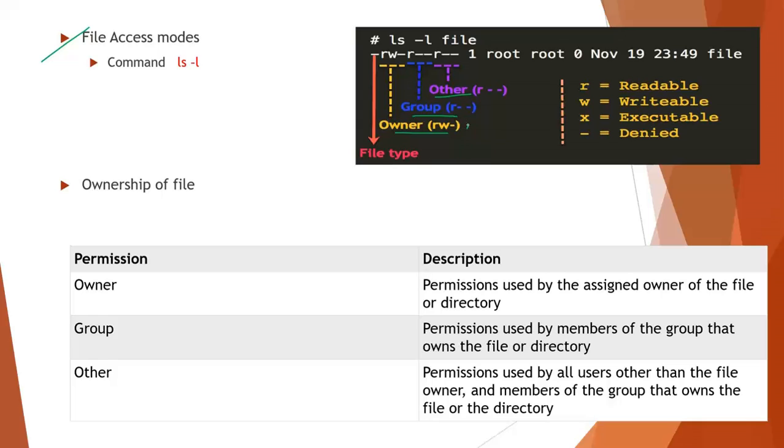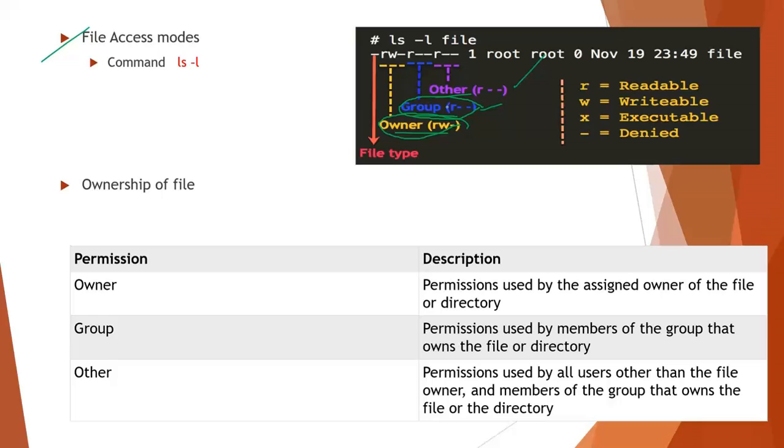The person who has created the program will be called the owner, and the members of that file, say you have two or three users of your computer. If you make a group of two members, those two members can access those files. Those groups that you make will be considered as groups, and others are nothing but the other set of users you have for your system.